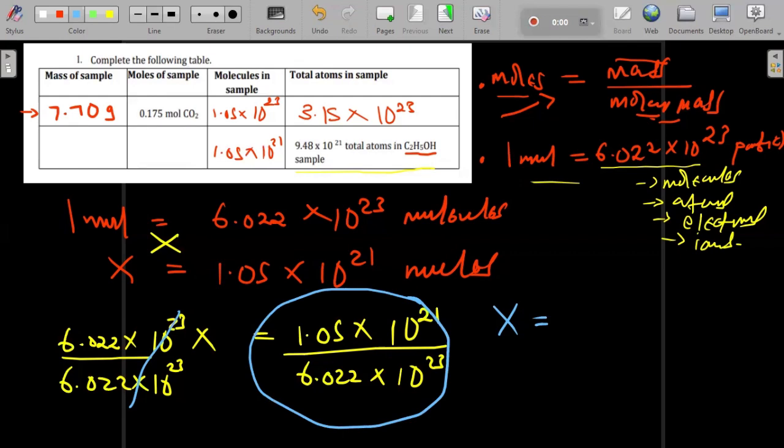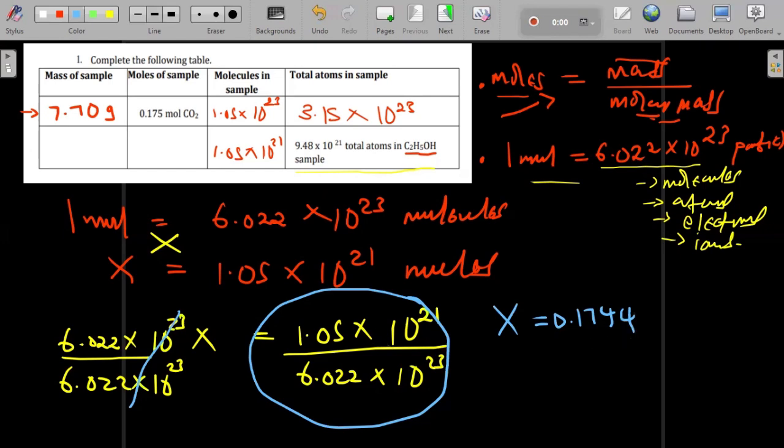So let's divide that on the calculator. Let's divide it in phases. 1.05, let's divide it by the 6.022. If I divide the 1.05 by the 6.022, I'm getting 0.1744.